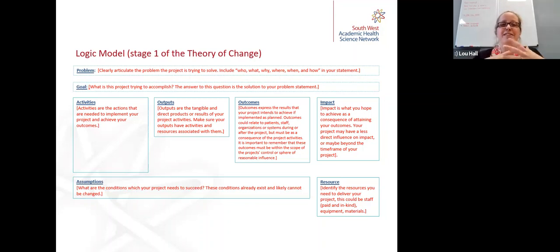So just doing this activity alone, just having people in a room together, working together to fill in the logic model or talk through it is really beneficial in and of itself. And next slide, please.